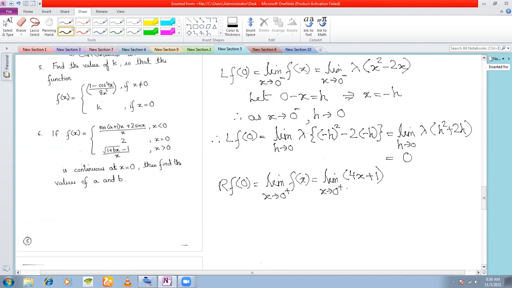Okay, and how do we evaluate this limit? You can put x minus 0 is equal to h, you will get the same thing, or you can directly put x is equal to 0 here to get 4 into 0 plus 1, which is equal to 1. Okay, so getting the value of right hand limit as 1.